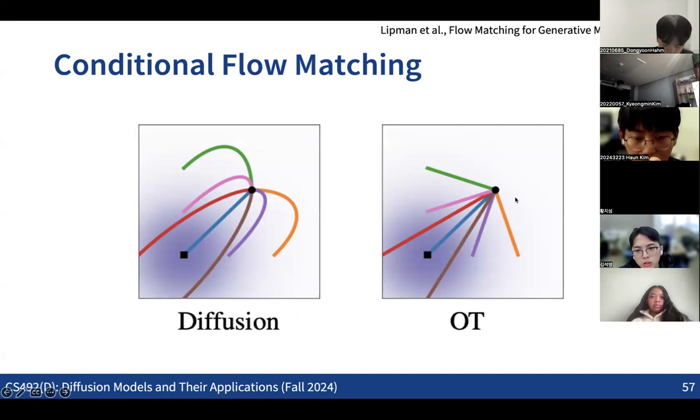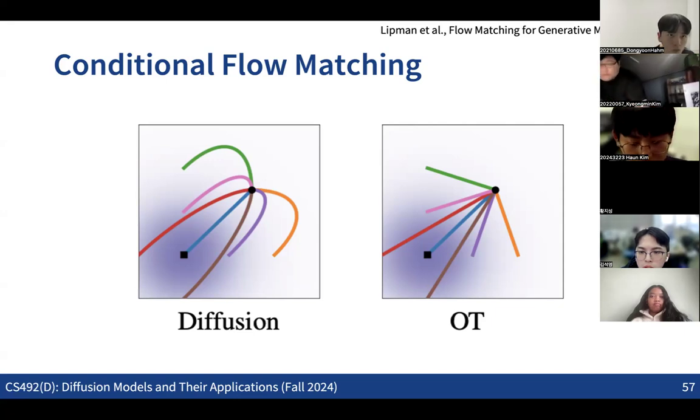When you think of a trajectory from one point in the P0 distribution to another point in the P1 distribution, there is a better chance of getting a straight trajectory. That means when solving the ODE, even with a fewer number of steps, there is a higher chance of getting more accurate outputs. That is the power of flow matching: we can reduce the amount of computation by having straighter trajectories in the space.